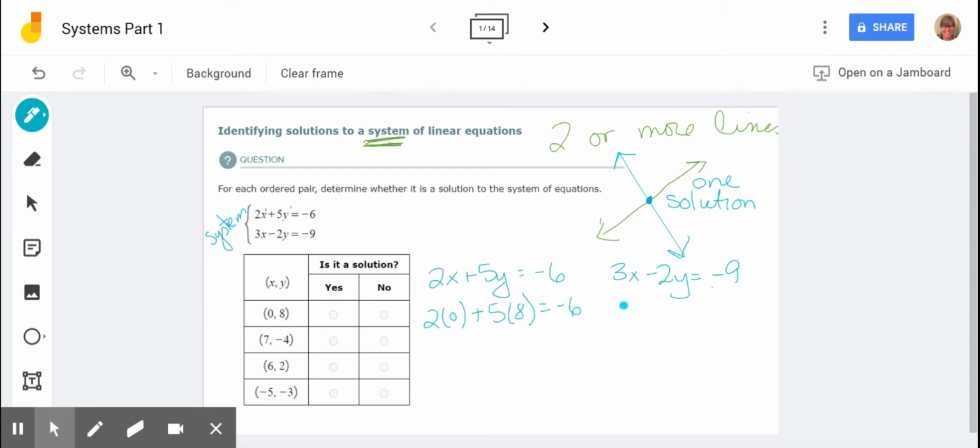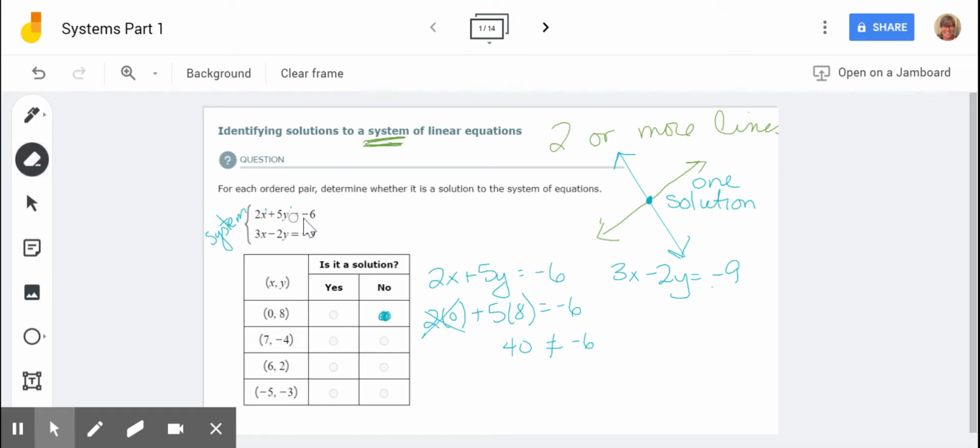So if it works in this one, then I plug it into that one. Okay, so let's see. 2 times 0 is 0. 5 times 8 is 40, which does not equal -6. And remember, this is a question. We are asking, is it a solution? If it yields a true statement, then yes, it is on that line. So the answer is no. If it's not on the first line, we don't care if it's on the second line. Move on to the second problem.